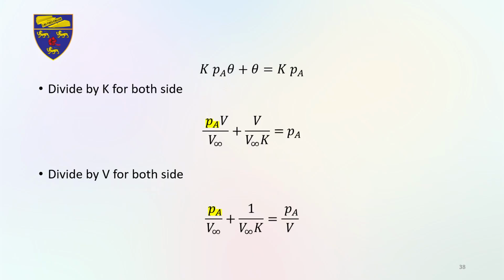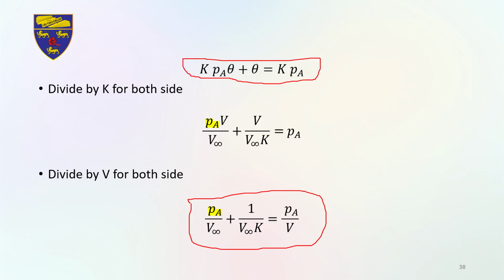This slide shows you how to obtain the equation which will enable us to plot a linear line from the Langmuir isotherm. First of all, we get the Langmuir isotherm, and then we rearrange it to obtain these expressions. After that, we divide both sides, left and right, by the equilibrium constant. Next, we get this one.